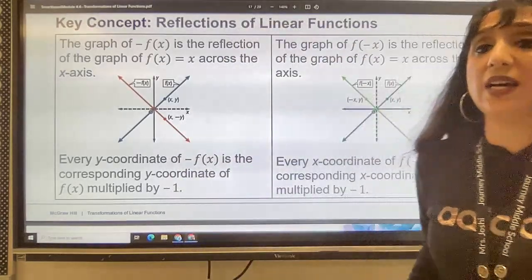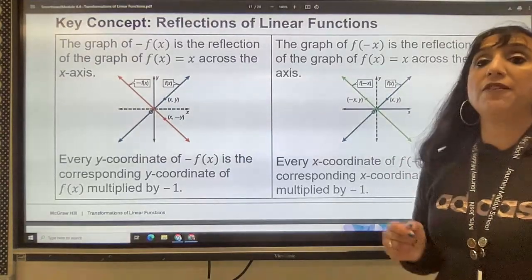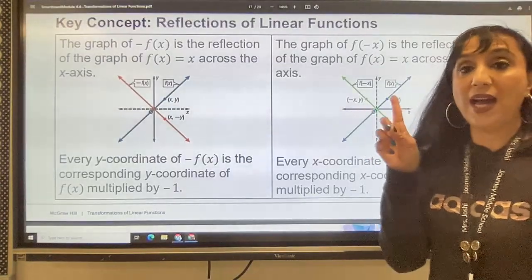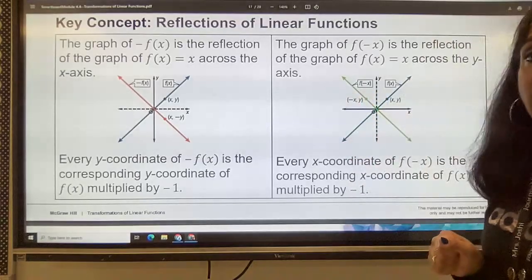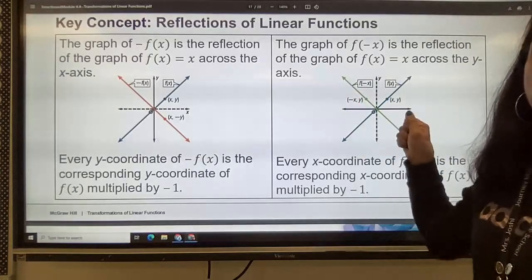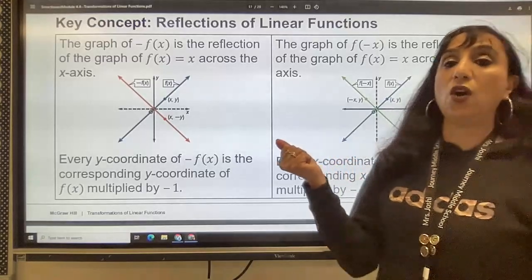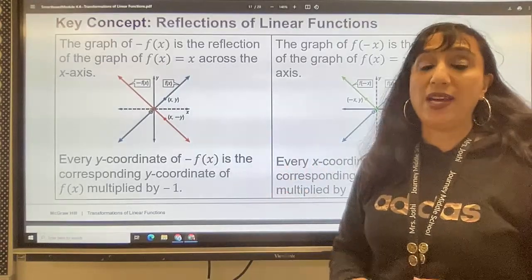And then let's look at the other one, where it's saying the graph of f(-x). So now looking at that, I know that my y is going to stay the same, all right, and my input is what's going to change. So in the ordered pair, x is going to become the reverse and y is going to stay the same.